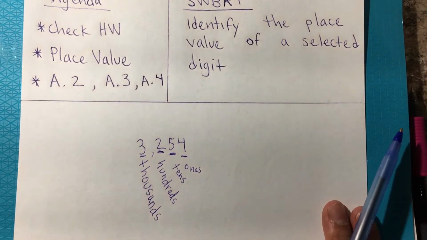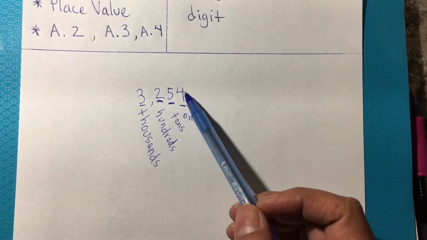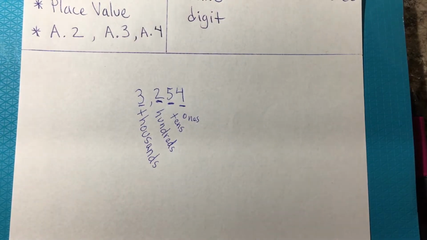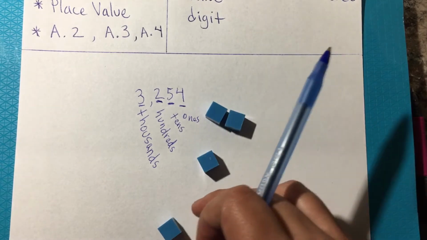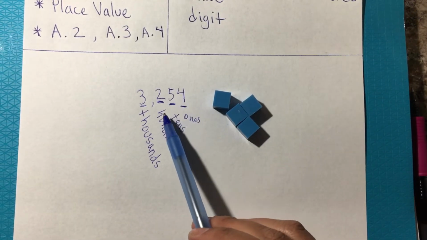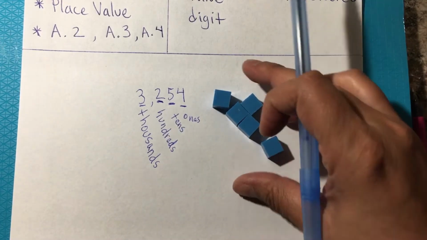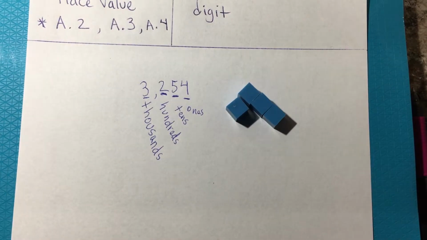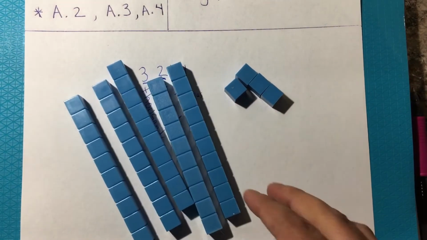And here, we have a number, and when it says 4, it refers to 4 ones, meaning 4 units. Now in here, this is the number 5. But that doesn't mean that you have 5 of this. What it means is that you have 5 groups of 10.